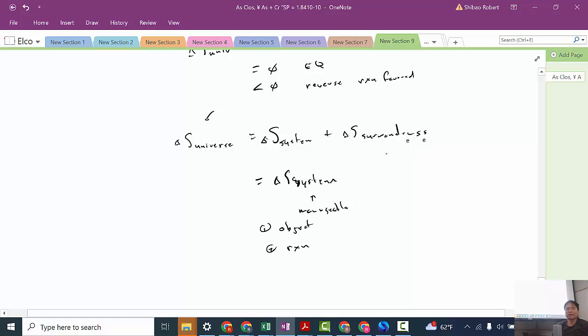So that's totally manageable. But delta S of the surroundings is not. And so what we'll do is just say delta S of the surroundings is equal to Q reversible of the surroundings over T.